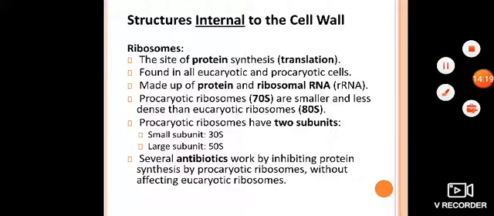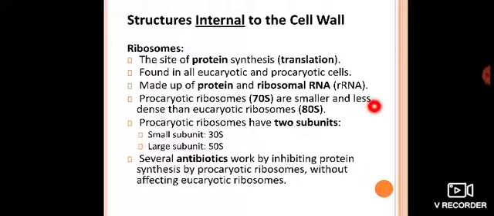Protein is the most essential component for the synthesis of bacteria. Simultaneously, the translation process is carried out during the multiplication of bacteria. We can study it in the next slide. So protein synthesis is carried out in the ribosome.